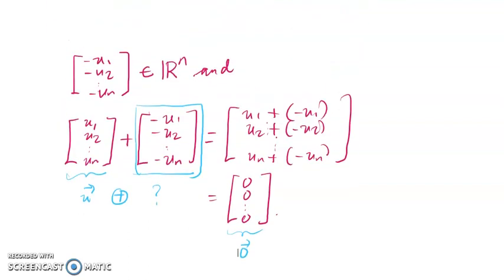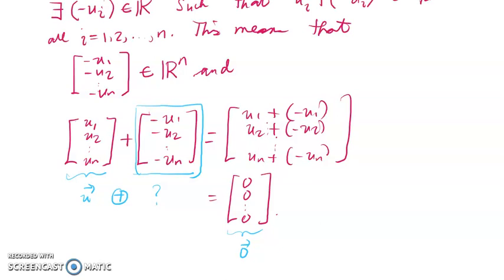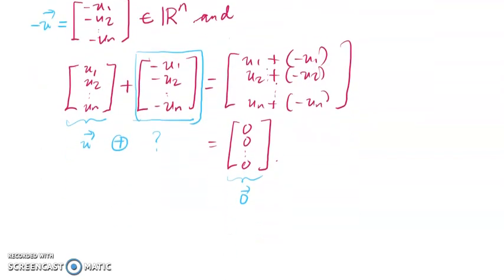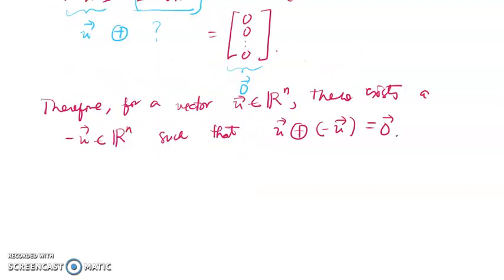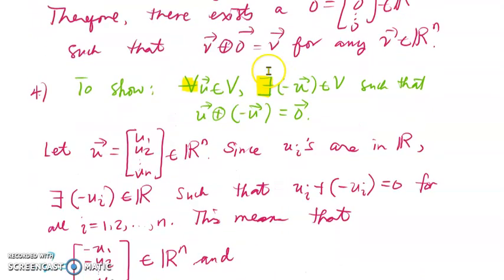And so if we set this particular matrix to be the negative of u, this equation becomes this equation. That is what we wanted to get. So property number 4.